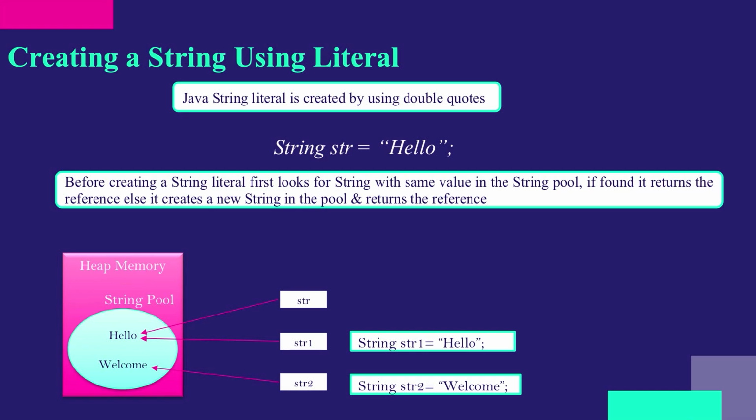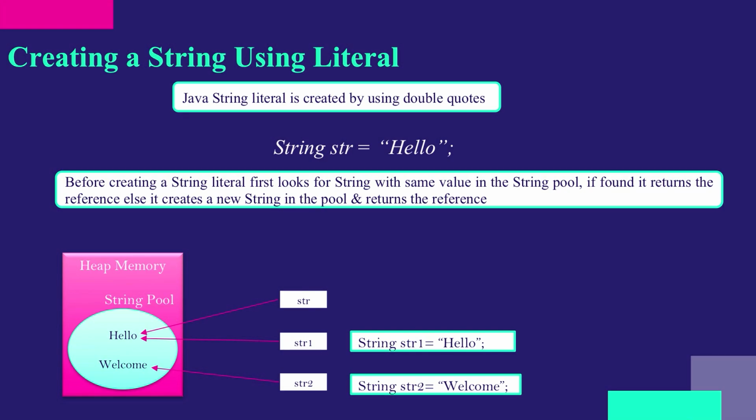So once again a quick review: string literals are also called the internal way of creating a string, where a string literal gets created in the string pool. Once a literal is created, it will not be recreated. So if you said String str is hello, we are not going to create it again for String str1 is hello.